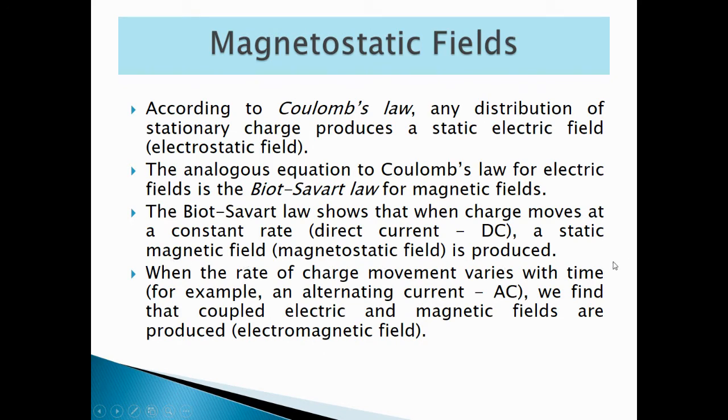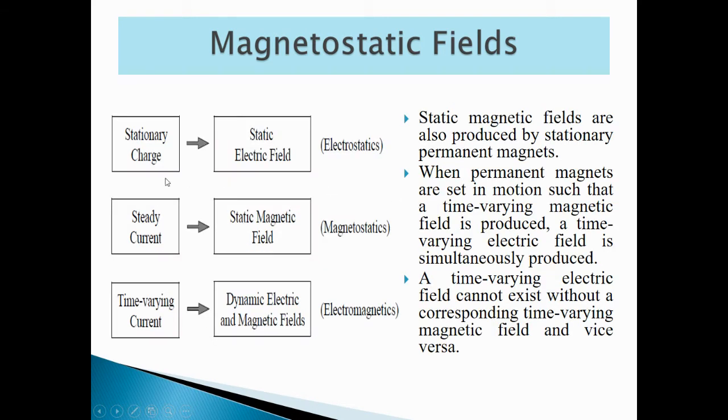Our discussion is related to the Biot-Savart law and anything related to the static magnetic field, which we call the magnetostatic field. Here we can check a very quick abstract difference between these three scenarios: electrostatic, magnetostatic, and electromagnetic. A stationary charge produces a static electric field. A static current, meaning a current which doesn't change direction, produces a static magnetic field.